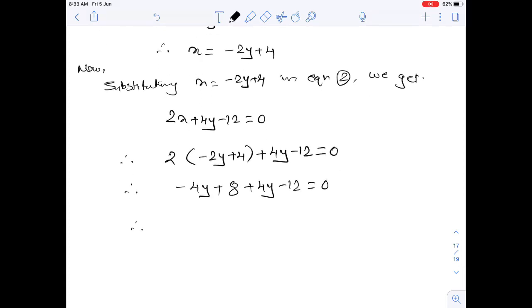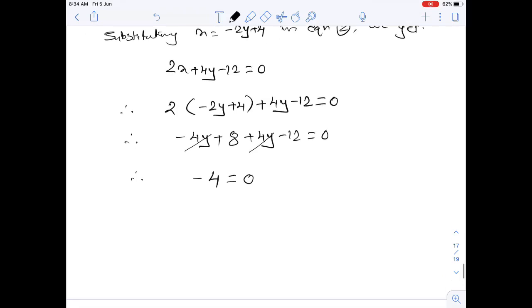Now it can be seen that we have minus 4y plus 4y, so we can cancel it here, because these are like terms with opposite signs. In the next step, plus 8 minus 12, again these have opposite signs, and they are both constants, that is without variable. So 12 minus 8 will be 4, and the sign of the greater number will be minus. So we get minus 4 equals 0.